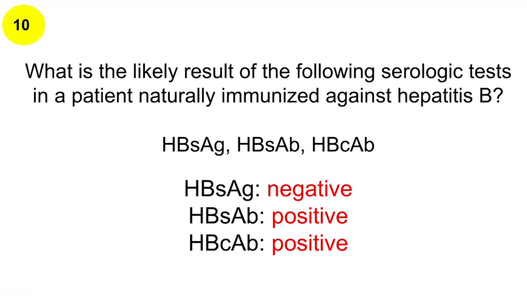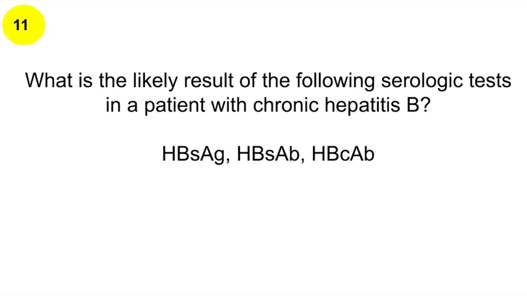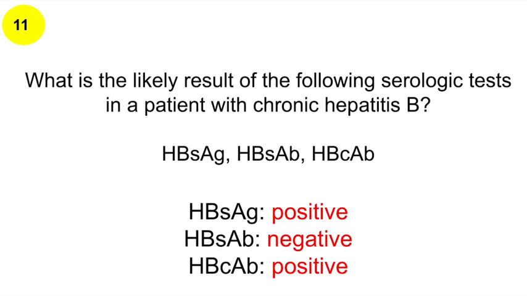What is the likely result of the following serologic tests in a patient with chronic hepatitis B? So the surface antigen is positive, the surface antibody is negative, and the core antibody is positive.